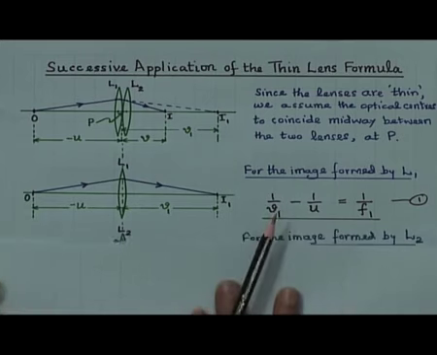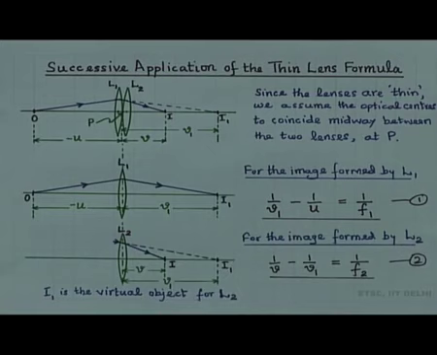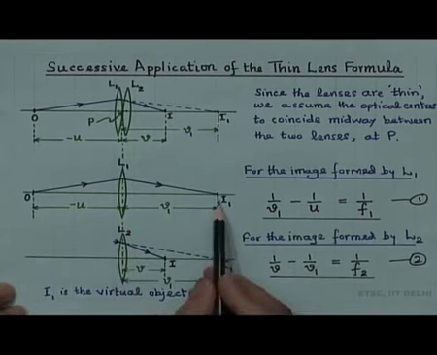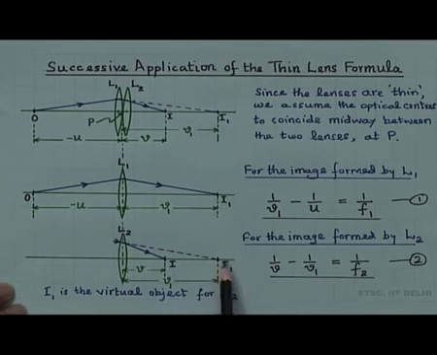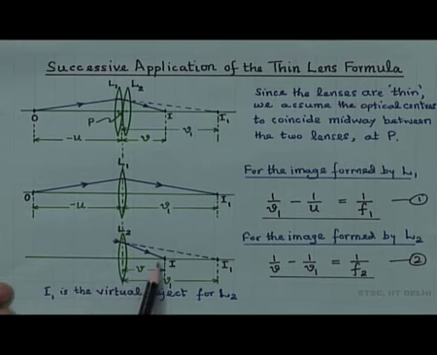Now we apply refraction by the second lens. So here it is, the second lens. For the second lens, I1 acts as the virtual object, because the object ray is coming from here. This is the object ray which is coming. The object ray would have come if the image which is here is treated as a virtual object.